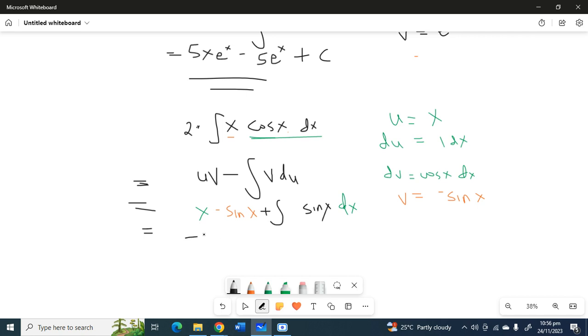So we have negative x sine x, the integral of sine is negative cosine, so it's a plus cosine x plus c, and that is the answer.